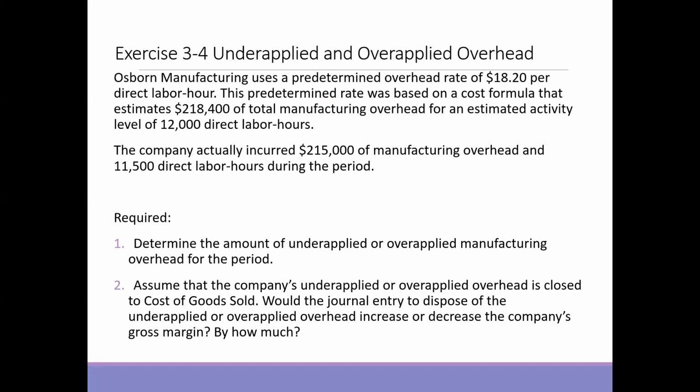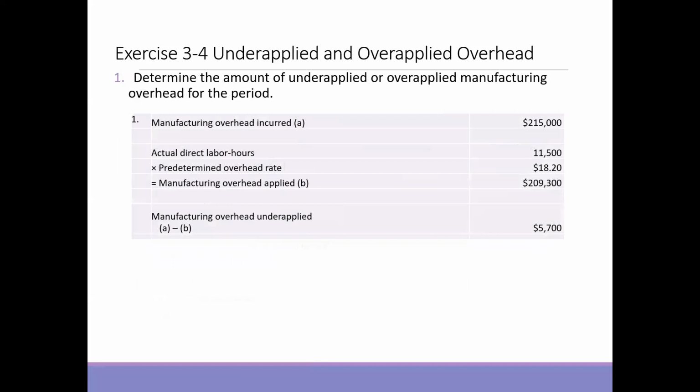Okay, so to figure out what really got applied, we take the actual direct labor hours times the overhead rate. So 11,500 times the overhead rate of 18.20 is 209.3.